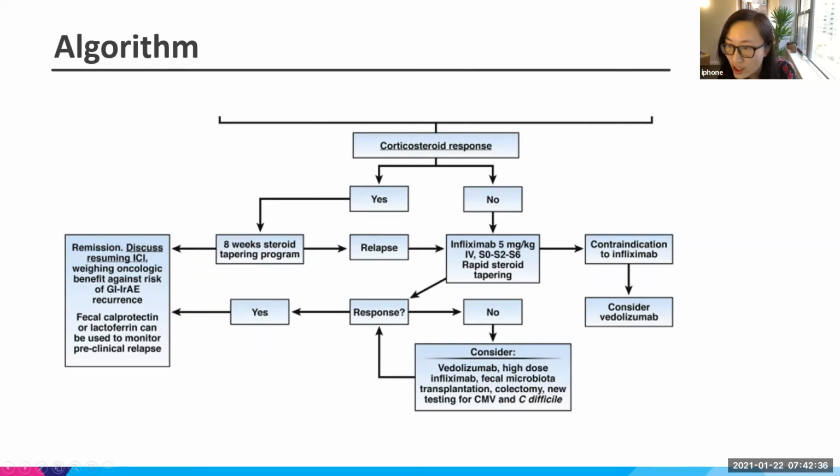In terms of patients' response rates to infliximab and vedolizumab, 1/3 to 1/2 of patients with immune checkpoint colitis end up requiring second-line treatment with infliximab, and the number of infusions they end up receiving is not every month like you would in an IBD patient, but typically just 3 infusions.